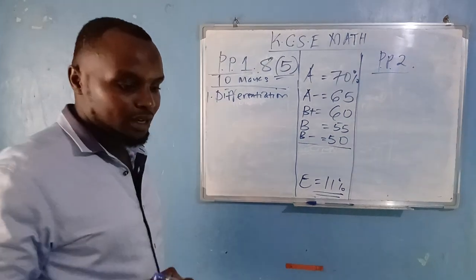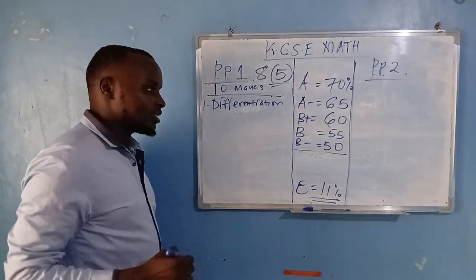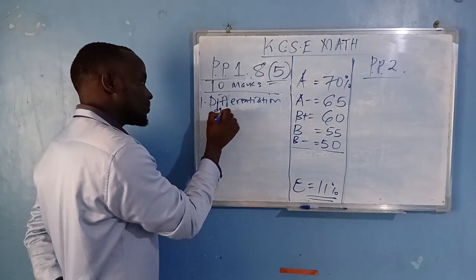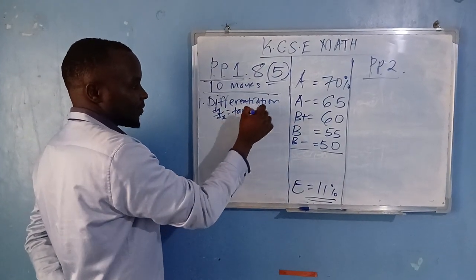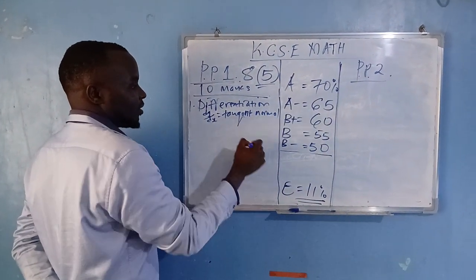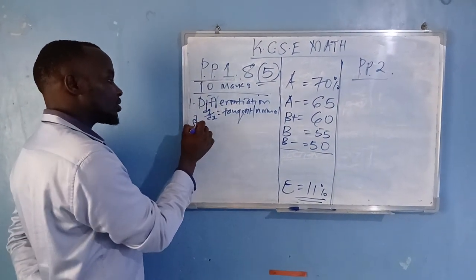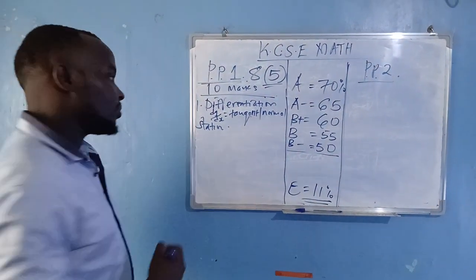Which areas are tested in differentiation? One of them is how to differentiate, that is finding dy/dx, finding the equation of a tangent, and the equation of a normal. The other one is the stationary points, which you differentiate and then you find the stationary points.